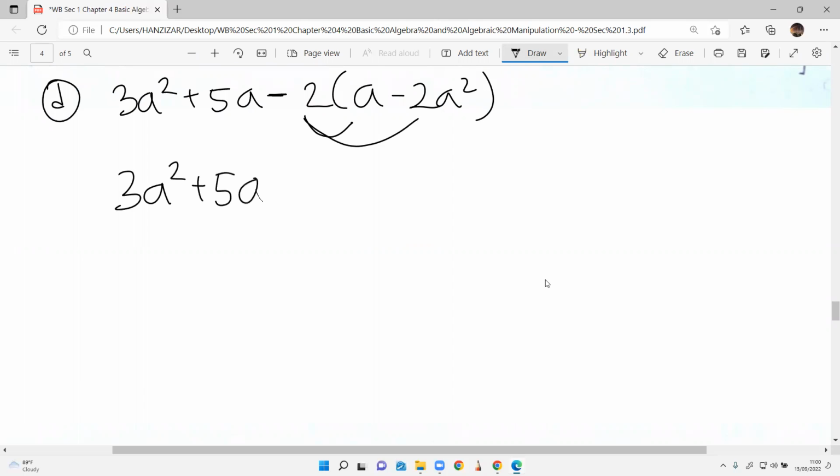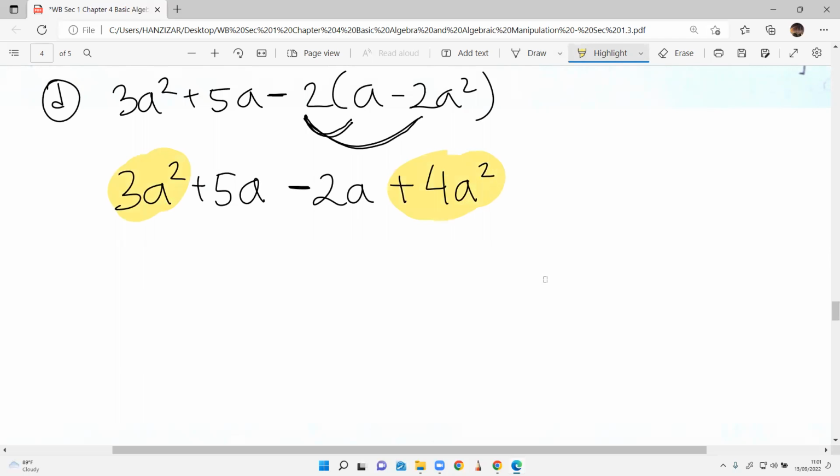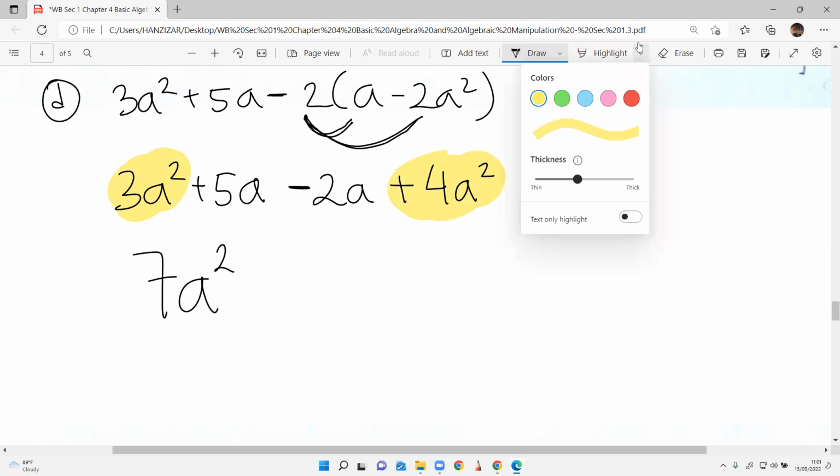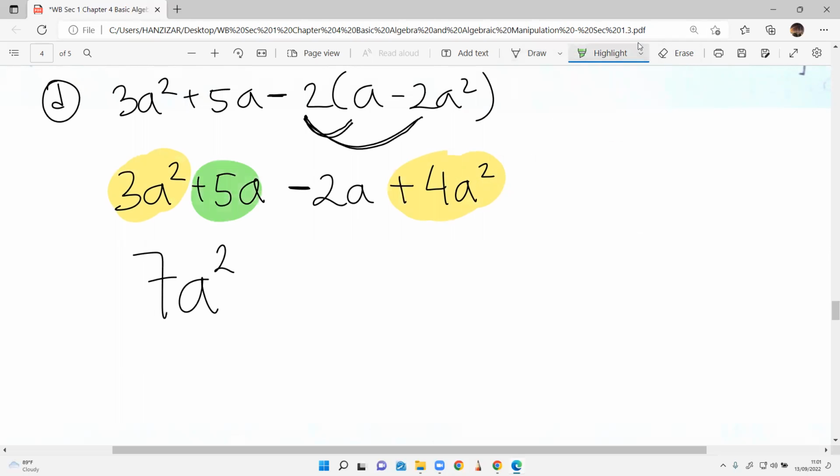So write it down, just copy paste because we are doing nothing yet for the first. -2 times a. 2 minus 2a. -2 times -2a squared, positive. So the like terms is this and this, right? And the square thing is what? 7a squared. Then plus 3a. 5a minus 2a.